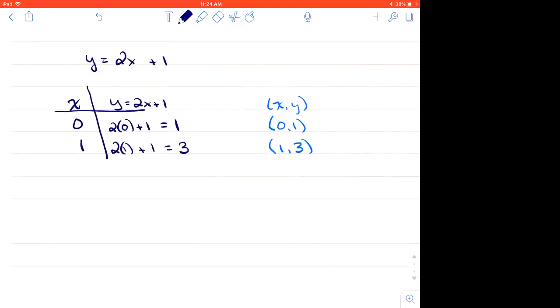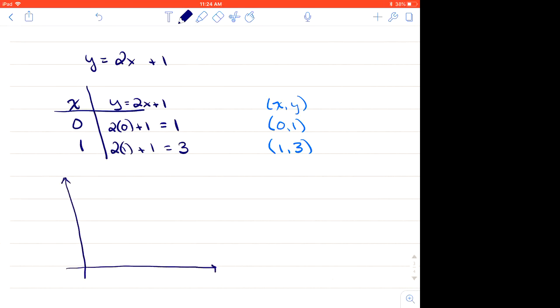So we can graph this. We set up our x-axis and our y-axis. I need more room. Why do I need more room?